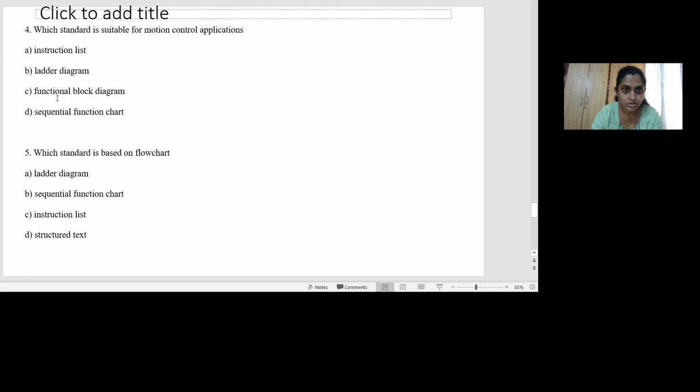The next question is, which standard is suitable for motion control applications? The options are instruction list, ladder diagram, functional block diagram, sequential function chart.